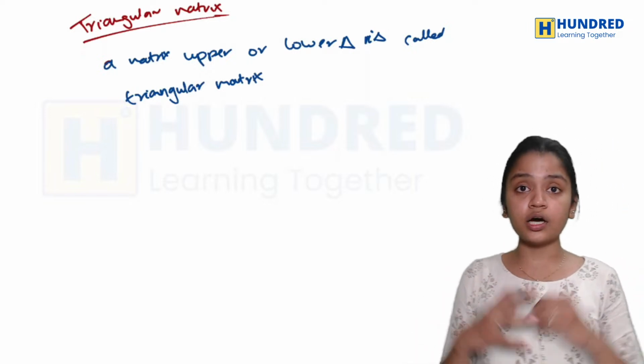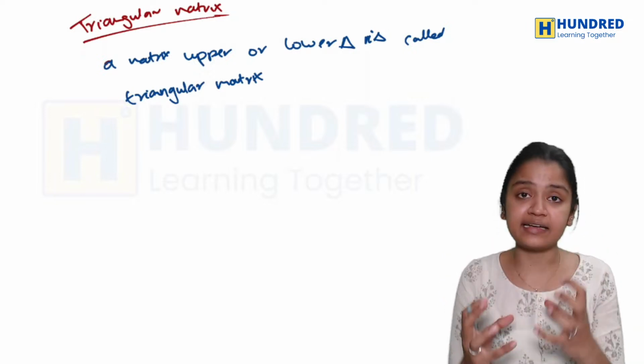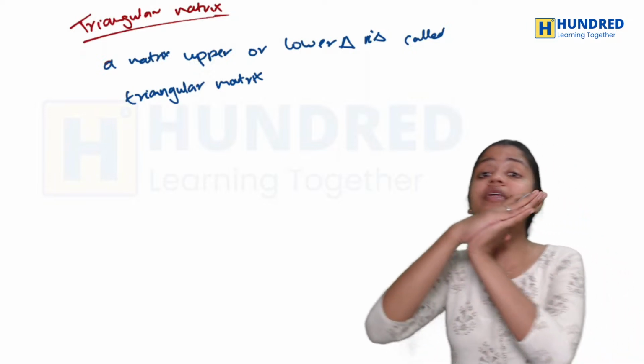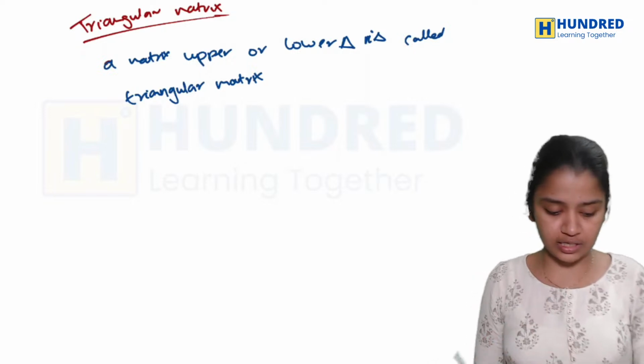Here you say it is strictly triangular when even your diagonal elements are 0.